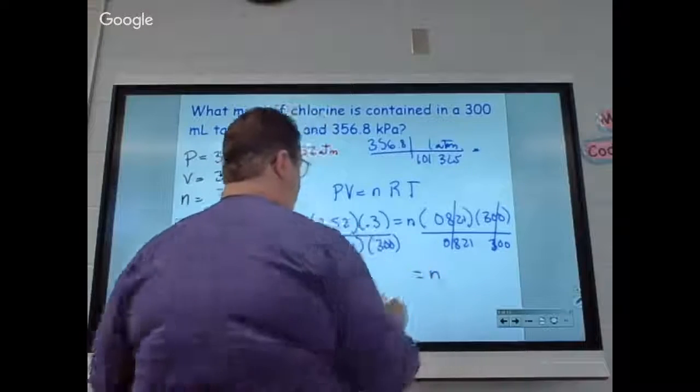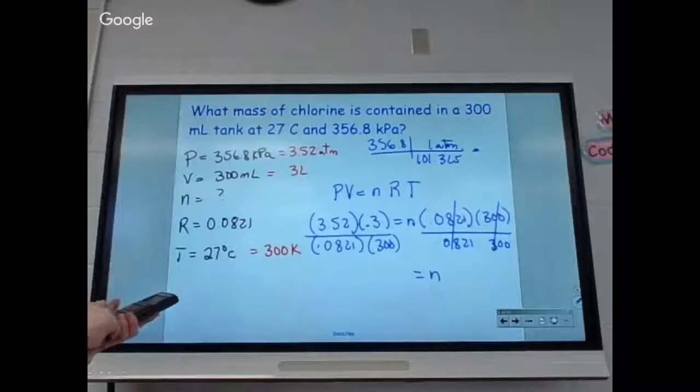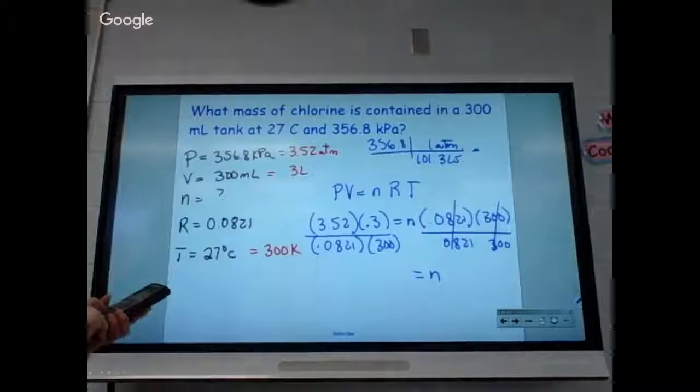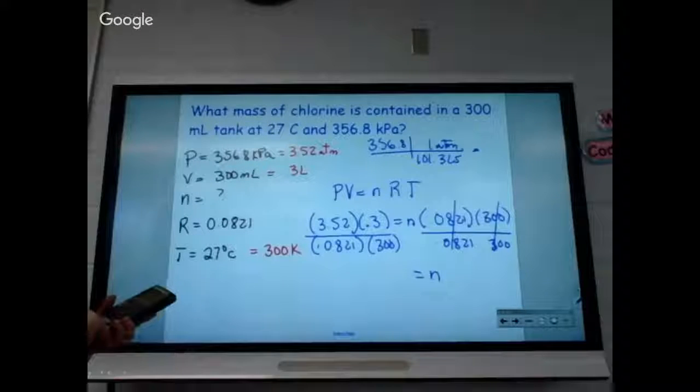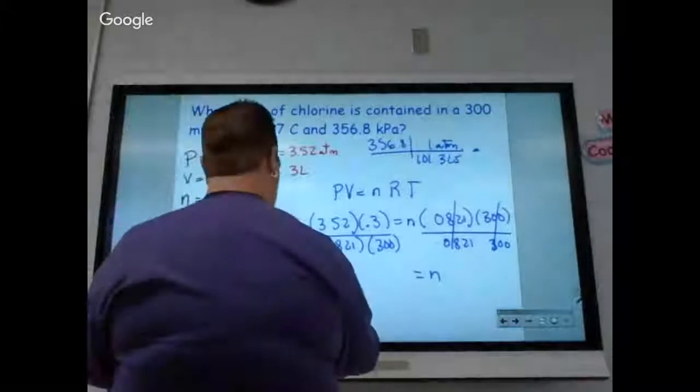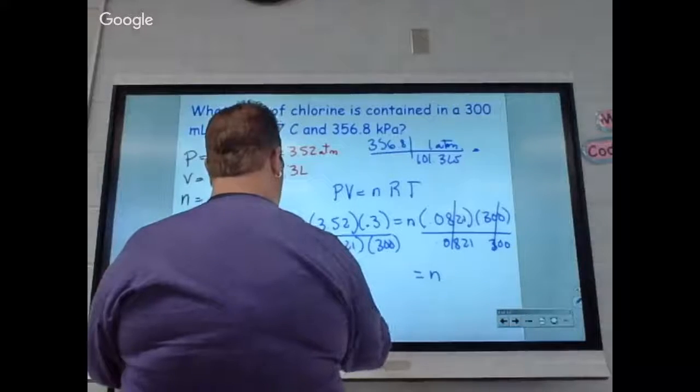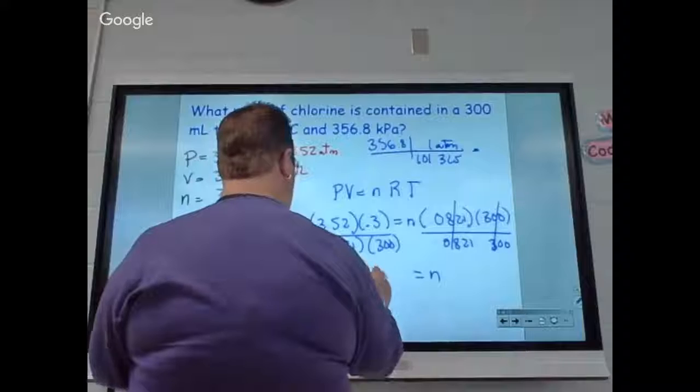All right, so n equals 3.52 times 0.3 divided by 0.0821 divided by 300. I get 0.0428 moles.